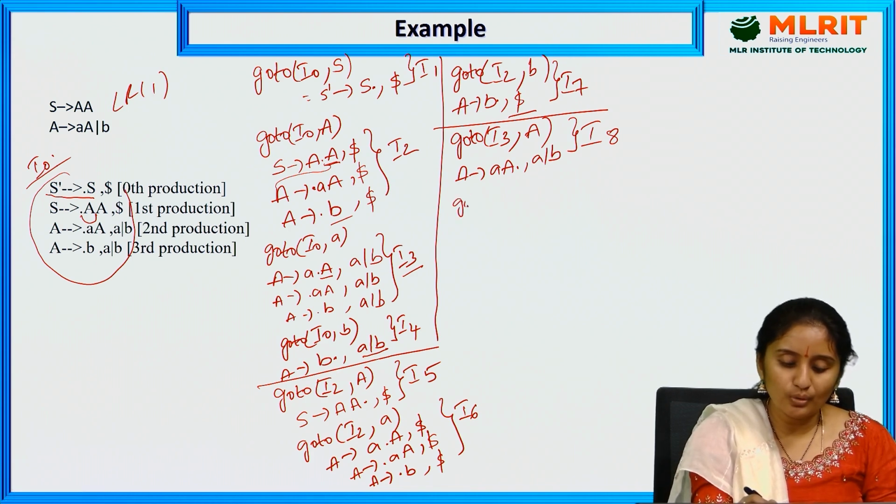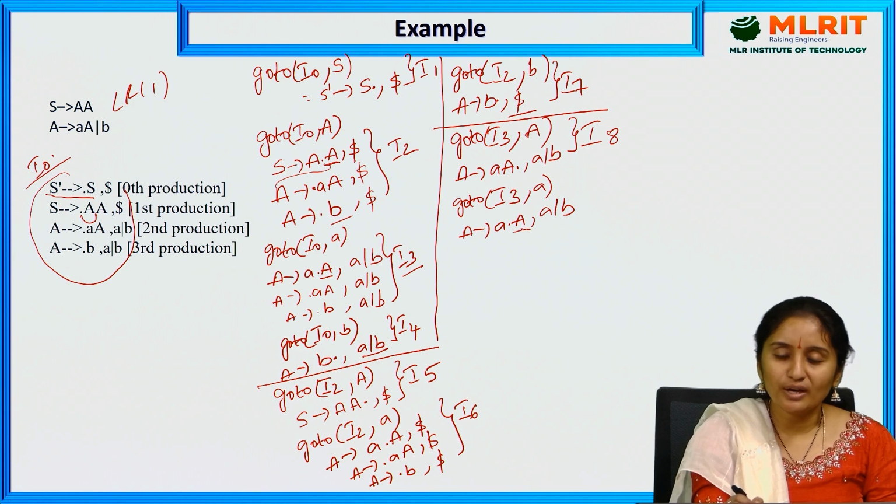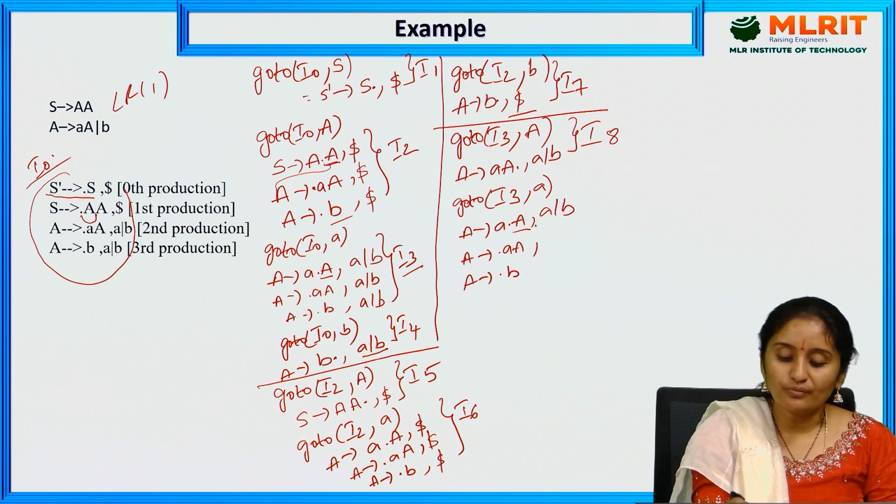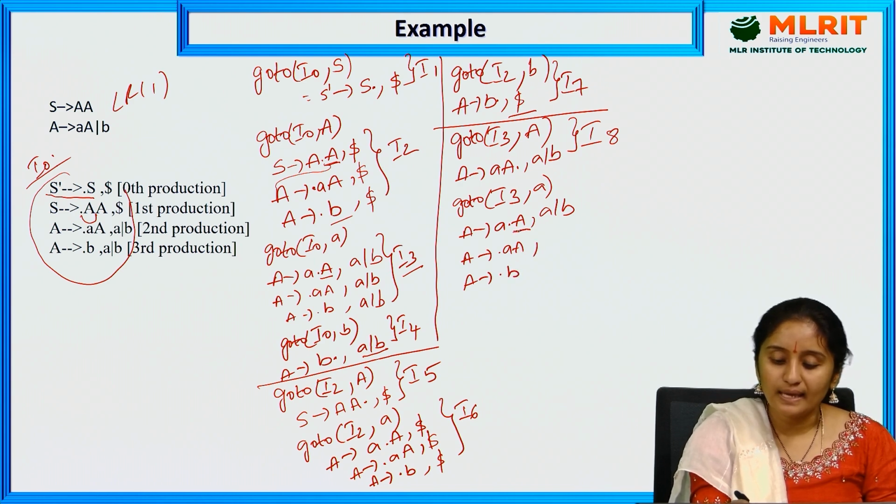Now go to I3 comma small a. A tends to A dot A comma A by B. As the dot is here, we write the productions of that non-terminal: A tends to dot a, A tends to dot B. What will be the look ahead? After this A there are no non-terminals, so we write the same look ahead symbols, because these productions are written just because of the original production.